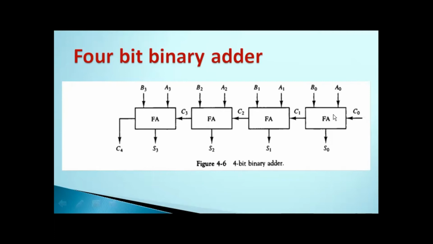All the carries are connected in a chain through full adders. C0 is the input carry to the binary adder and the output carry is C4. Then what about these S0, S1, S2 and S3? The S outputs of the full adders generate the required sum bits. These sum outputs generate the required sum.